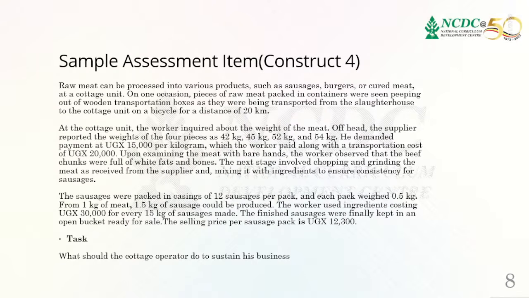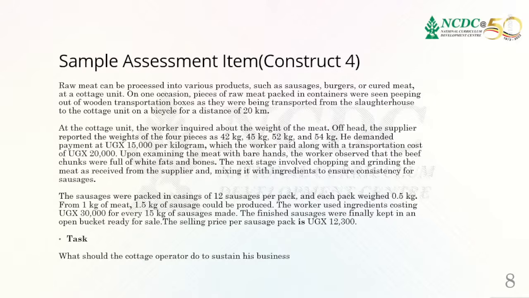Sample assessment item. The one we have, we are getting it from construct 4, that is construct 4, validation. And in this we are looking at raw meat that can be processed into various products such as sausage, burgers, and cured meat at the cottage unit.